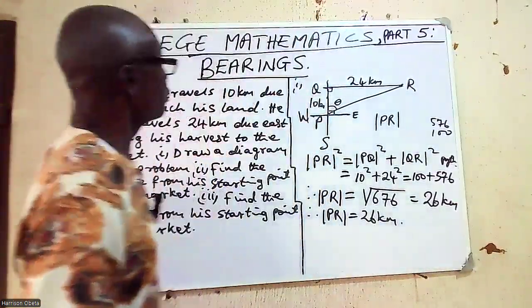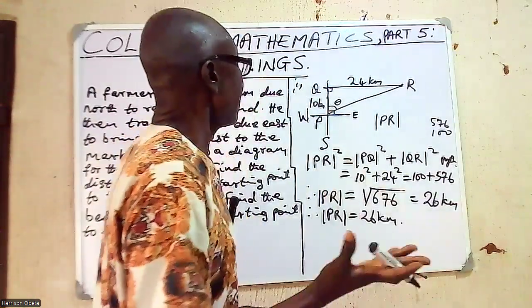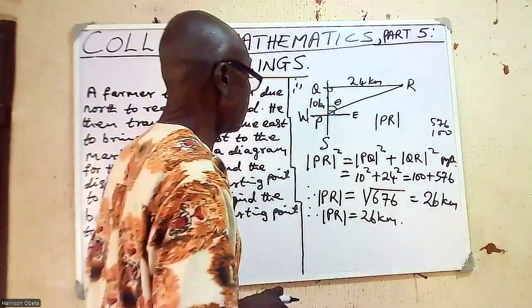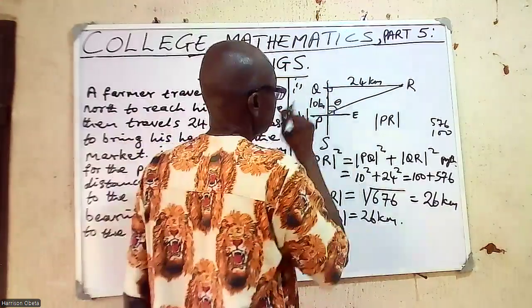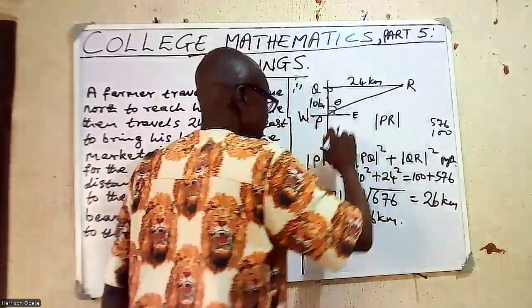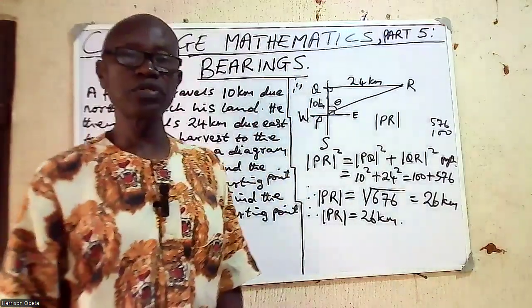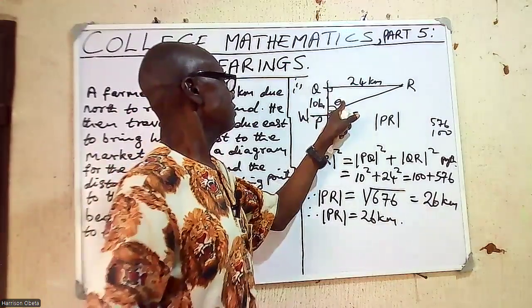So we continue by using either sine, tan, or cosine. Now, since we are looking for this angle, we know this is opposite, this is adjacent. And how do we know the opposite? The opposite is always the side facing the angle.